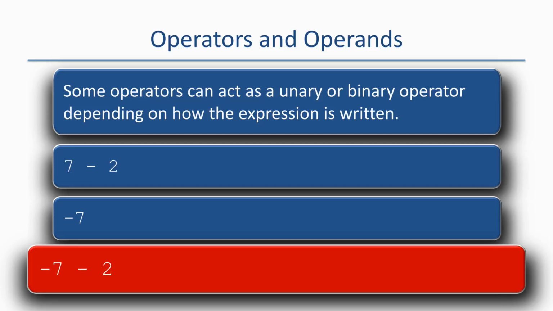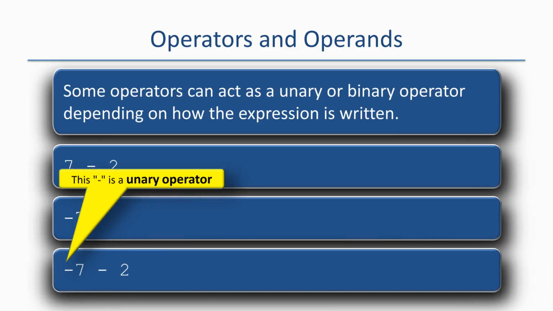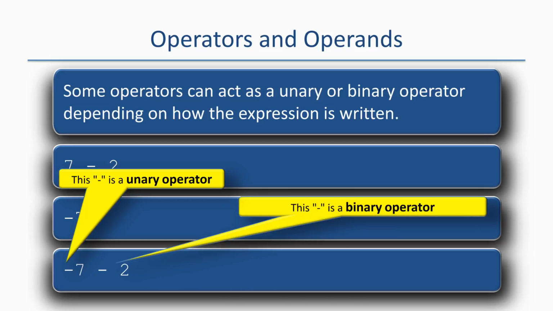And if you write -7 minus 2, the minus sign in front of 7 is a unary operator because it only acts on 7. However, the minus sign between the 2 operands is a binary operator, obviously because it acts on 2 operands, one of them being -7 and the other one being 2.